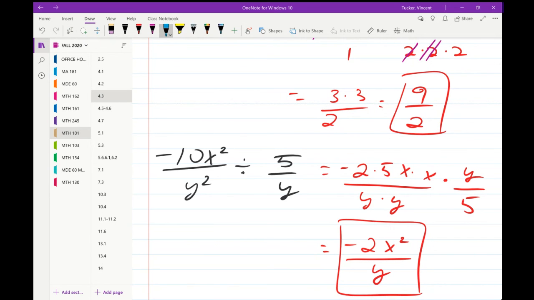I went ahead and broke down the 10x squared into 2 times 5 times x times x, and the y squared into y times y. All right, so the 5s cancel, one of the y's cancels, and that'll be negative 2 times x squared over y.